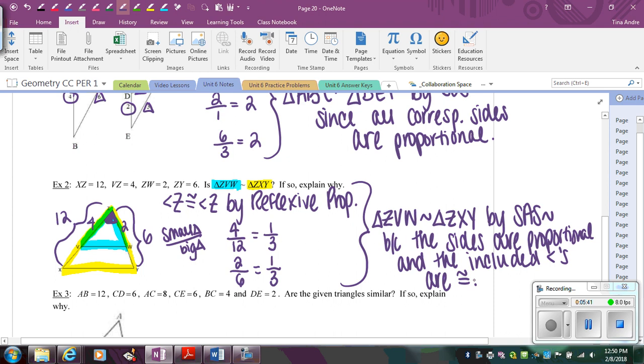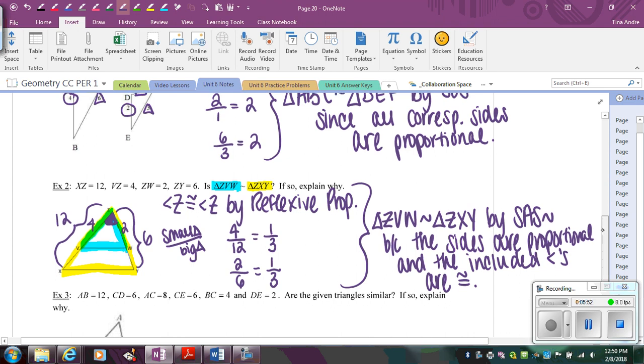Something worded that way, where you talk about the two sets of sides that make up that included angle being proportional, and then the included angle being congruent.